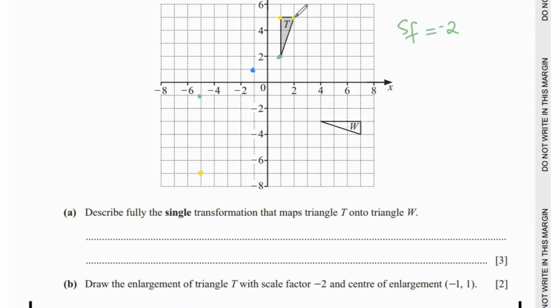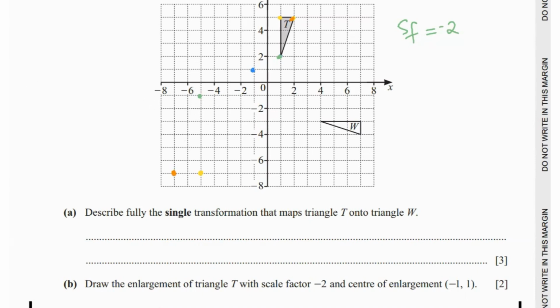Then for this point, it's 3 horizontally and 4 vertically. So for 3 horizontally, it's going to be 6 now, and for 4, it's 8 down. So it's going to come over here.